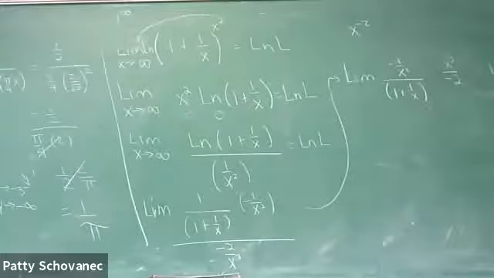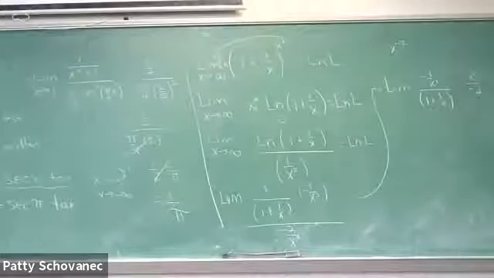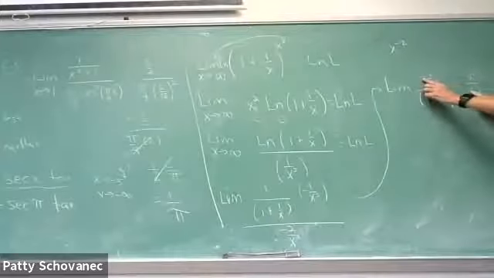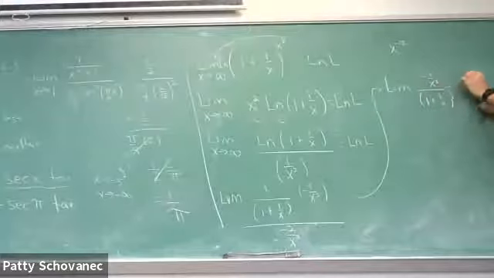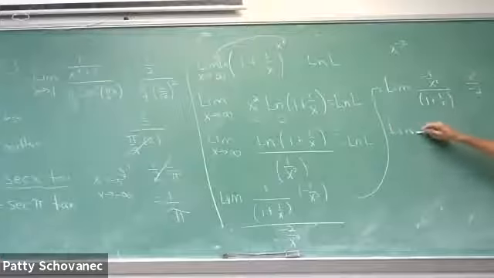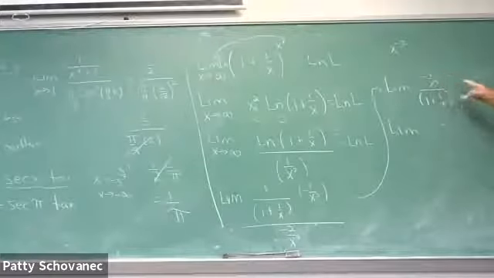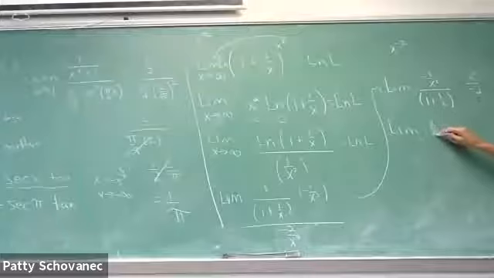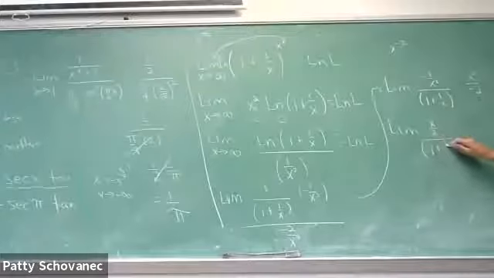I put these next to one another because that's where I'm going to cancel. The negatives cancel. This x squared goes into that x cubed, and it leaves me an x. So I'm going to have x over 2 divided by 1 plus 1 over x.